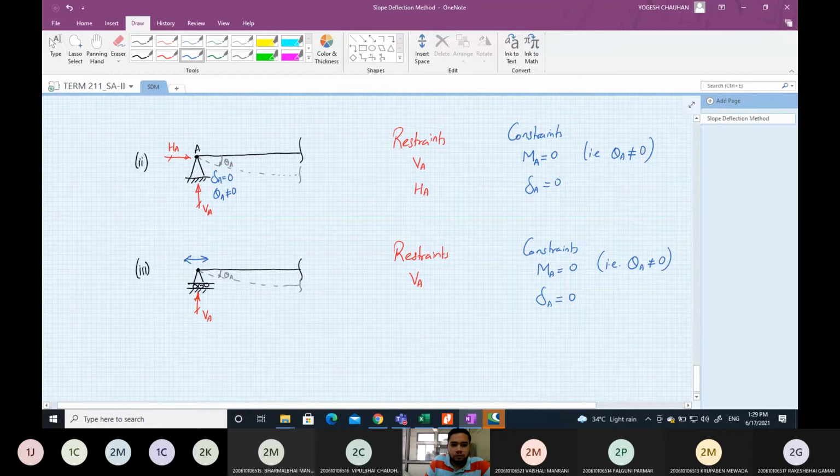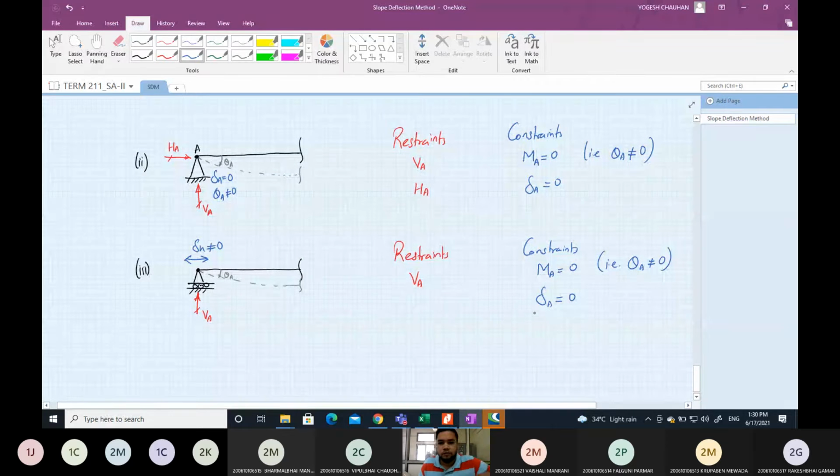So there is this horizontal deflection also. Horizontal deflection is also not 0. So delta H is not 0.